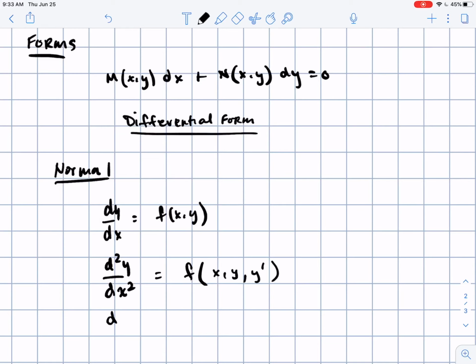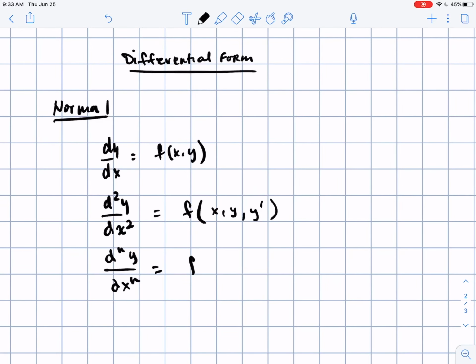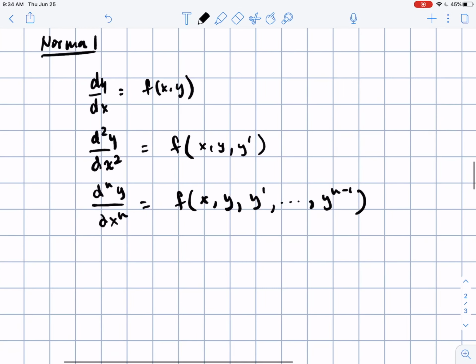And then this continues, like if it was the nth derivative, it would be some function of x, y, and then the n minus 1th derivative. Actually, we could rewrite it this way: first, and then all of the ones up to the n minus 1th derivative, like that. So that's a normal look.